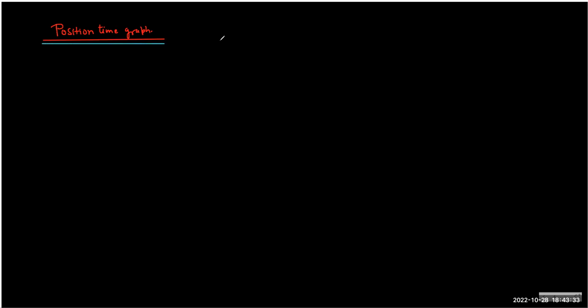So if you choose one particular direction, it's called the x direction, as the direction of motion. And if we have somewhere called origin, so x is the direction of motion. And then we have some object.